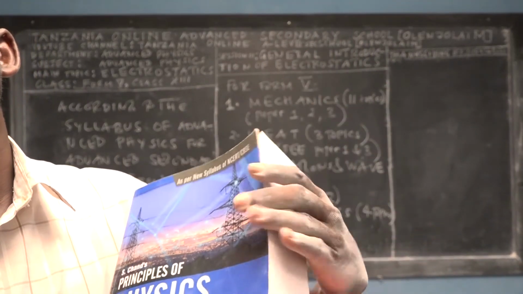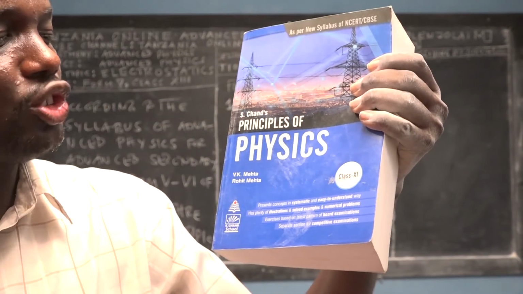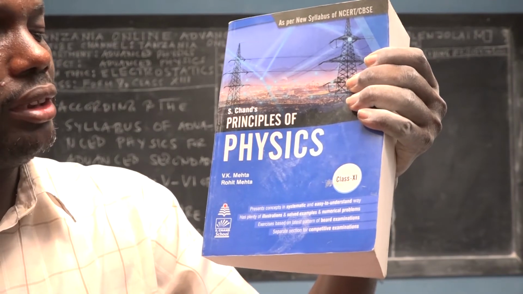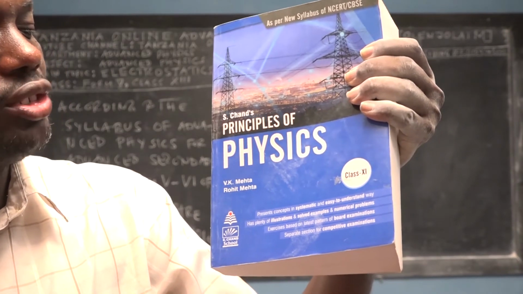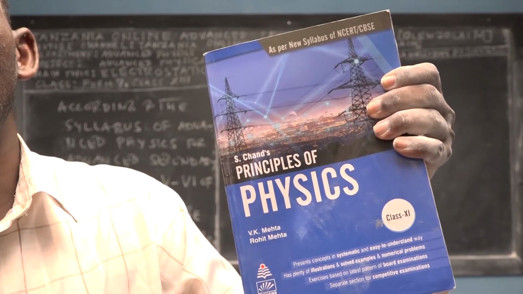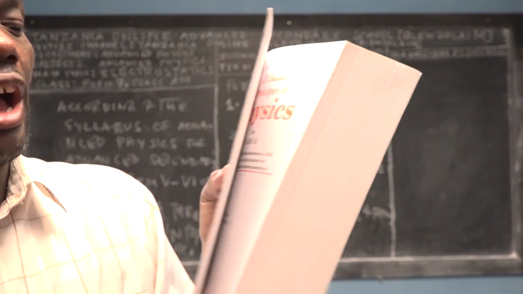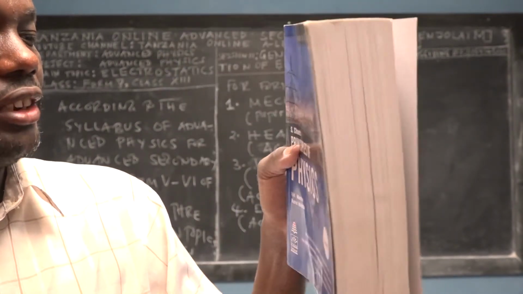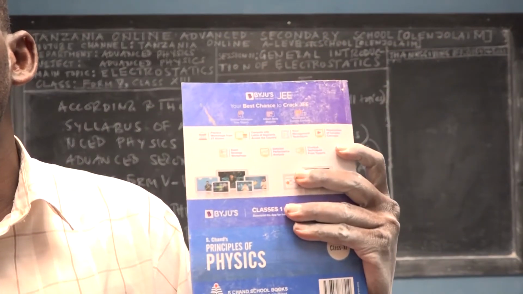Another, you should have a textbook. This is physics, we call it Principles of Physics by V.K. Mehta and Rohit Mehta, but the publisher is S. Chand's company. This is one of the reference books. We have the S. Chand for class 11 and class 12, and class 12 is the one containing electrostatics.